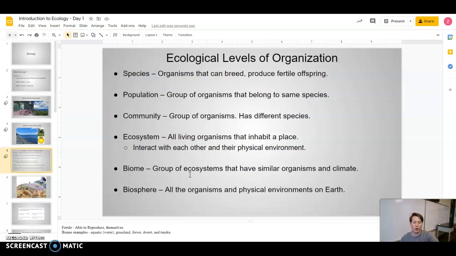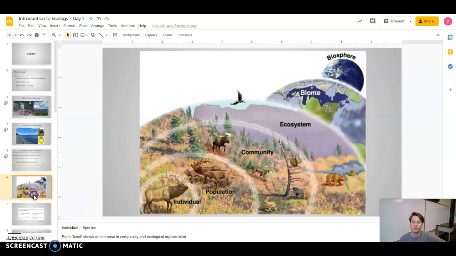Water, salt water or fresh water, grasslands, forests, deserts, and tundras. And lastly, biosphere, where all the organisms and physical environments on Earth are encompassed in one biosphere. If we look at this picture, we start with the individual species, go up to population, community, ecosystem, biomes, and then biosphere.